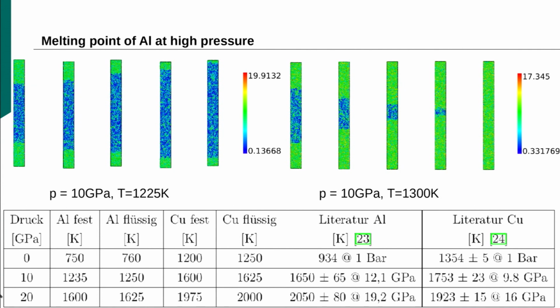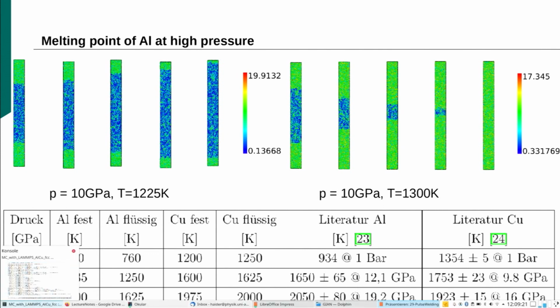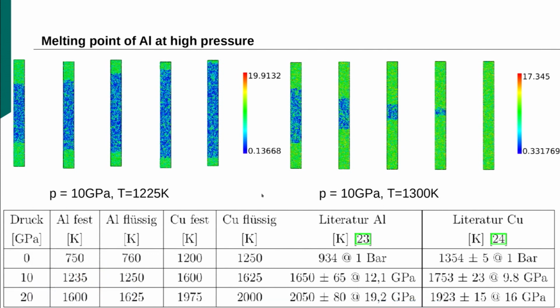So that's again this question of transferability of potentials. These were EIM potentials. Later on, I think he also tried some other potentials, but not with much changes as far as I remember. Okay, so this is a high pressure melting point.